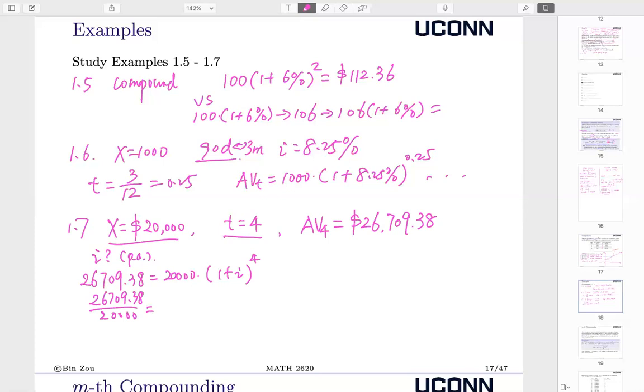By the way, you can get a value, which is 1.335,469. By the way, please do not write this down. I'm writing this down to basically show you how it is done. If you have a scientific calculator, it can record the value.